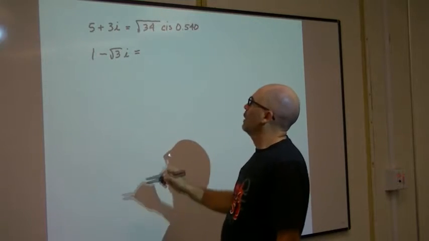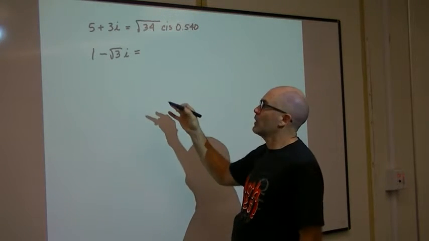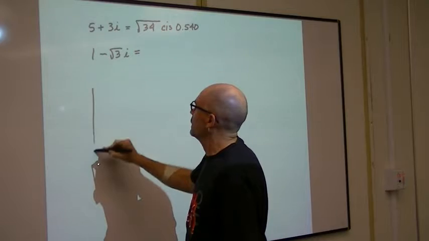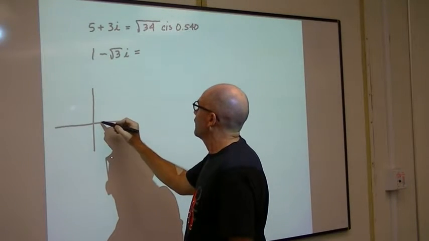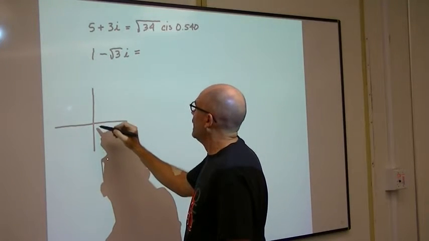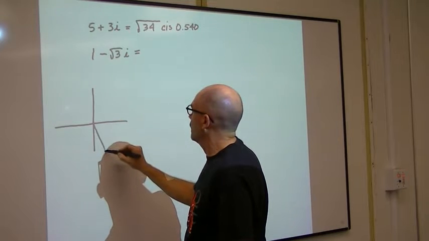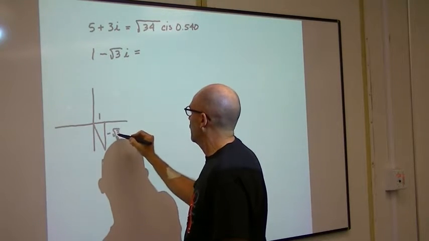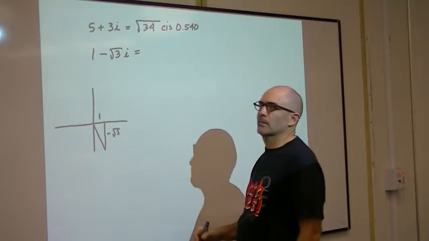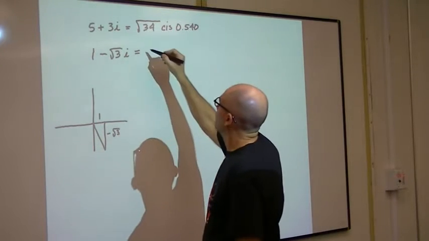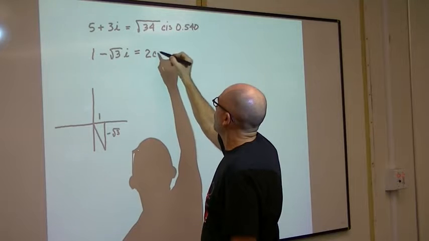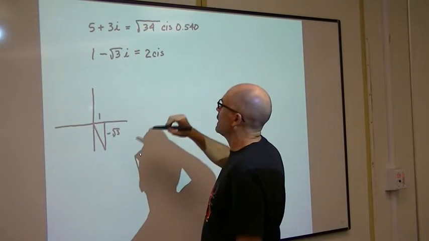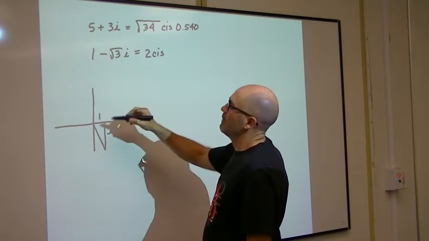Okay, so you really don't need a calculator for this because if you notice what's going on here, it's 1 right and square root of 3 down. So what's that magnitude? Right, 2. And what's the angle? Right, 5 pi over 3.